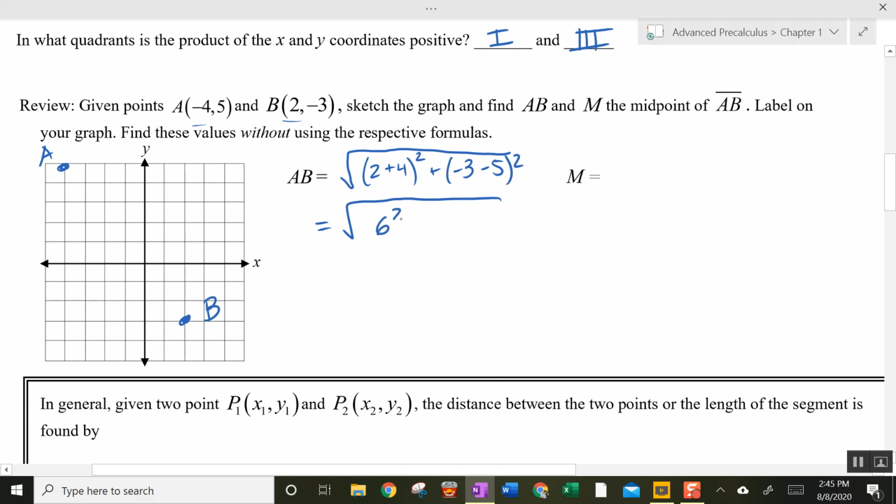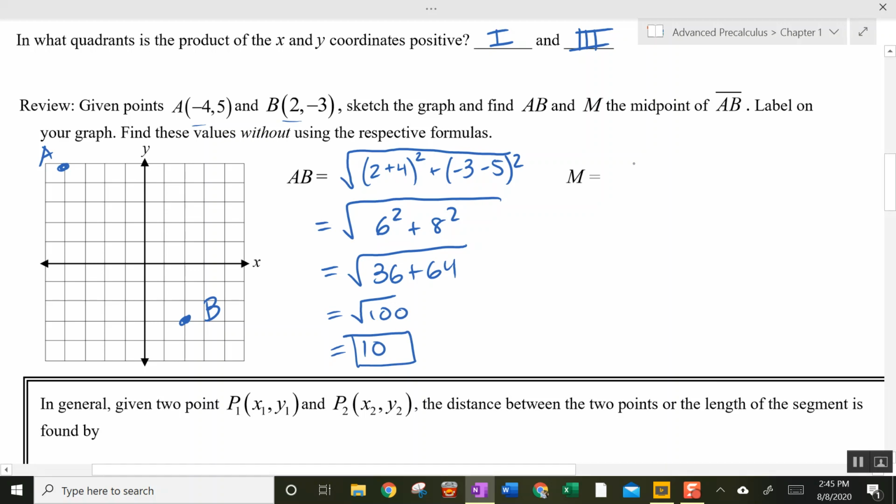This becomes 6 squared plus 8 squared, or the square root of 36 plus 64. Square root of 100 we know is 10. So the length of that segment, AB, is 10 units.